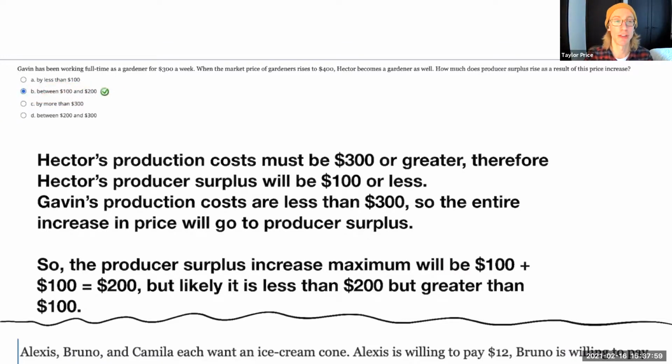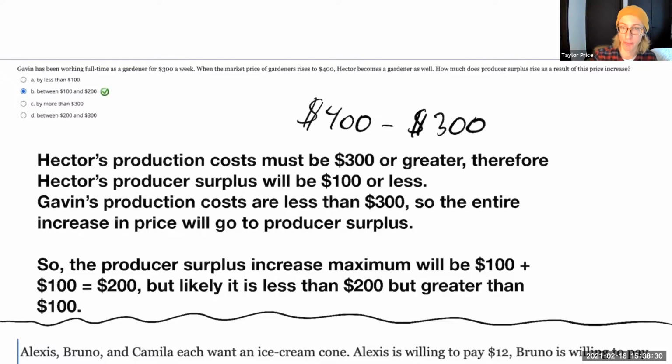The reason for that is, when Hector starts gardening, we know that his production costs are $300 or greater. Therefore, the maximum amount of producer surplus that Hector could be earning is $100: the price that people are paying for gardening, which is 400, minus his costs, which are 300.